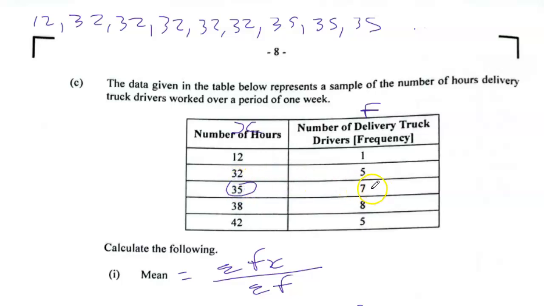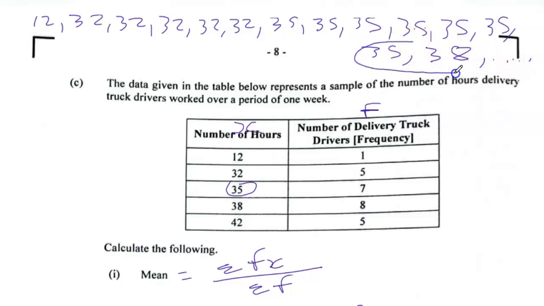So 35, you write it 7 times, right? 1, 2, 3, 4, 5, 6, 7. And then the 14th number now, of course, you'll write 38 8 times. So the 14th number will be 38. And you continue like that. So the median will be between the 13th and the 14th value. Alright.